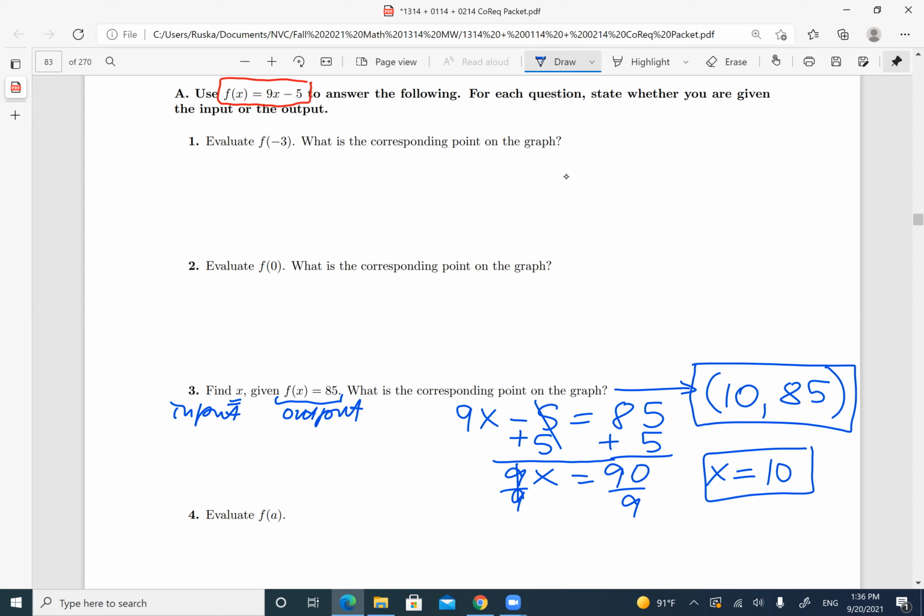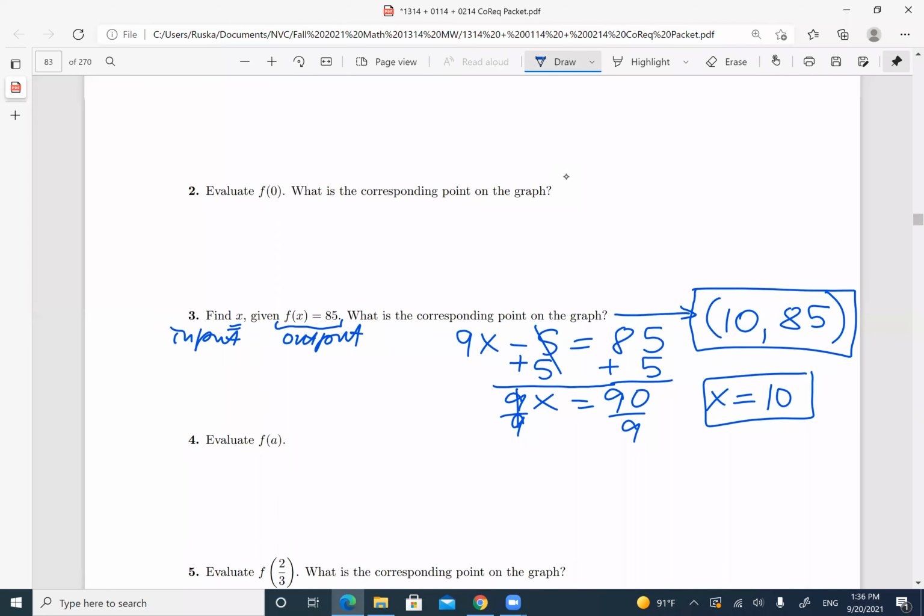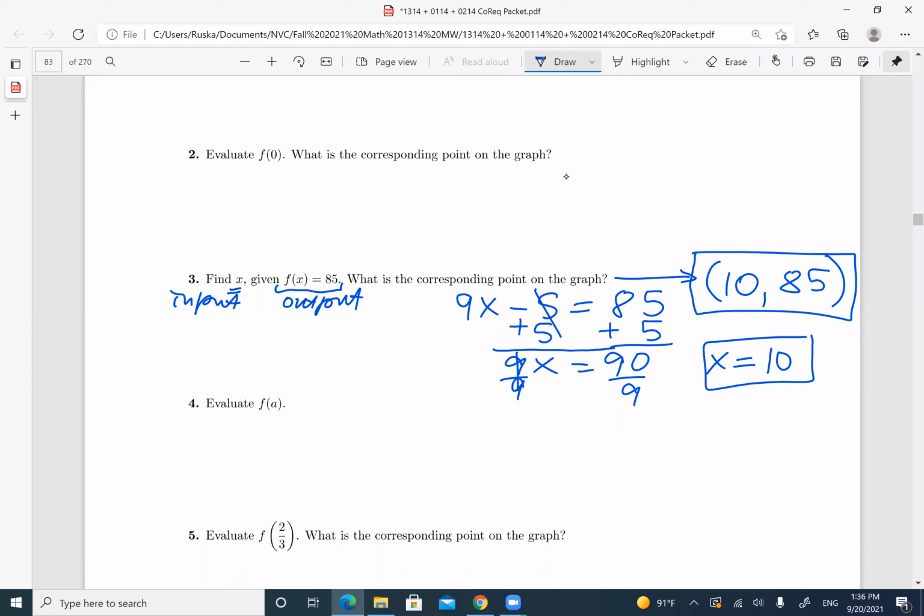Let's do number 4. So for number 4, do we have given the input or the output value? What is given? We have given a, and a is in the place of x, so this is input or output? Input. Input, good job. So this is the input value given, and we need to find the output. So a is the input.